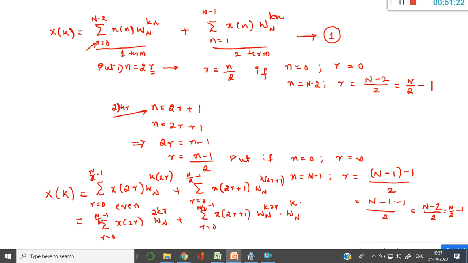Now look at this, the entire summation depends upon r, whereas W_N^k is independent of it.